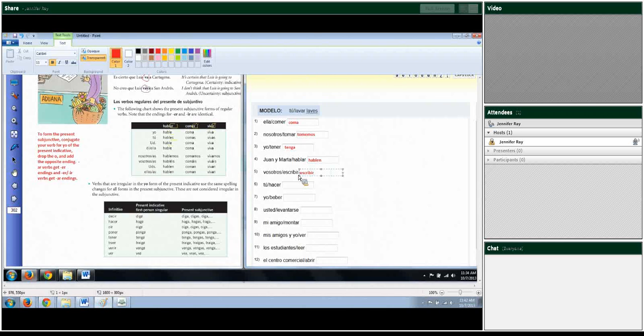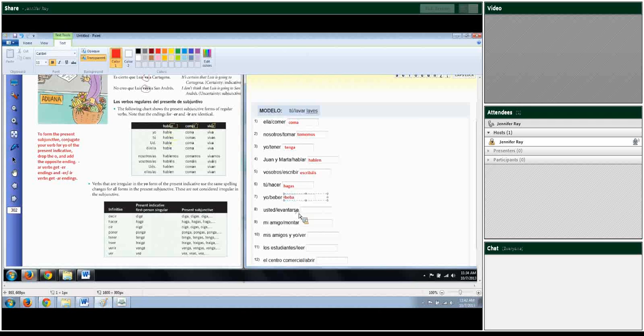It's an IR verb, I'm going to drop the O, and add the opposite ending, escribáis. Hacer, the yo would be hago, I'm going to drop the O and add the A, hagas. Beber, conjugate it for the yo, drop the O, add the opposite ending, beba.